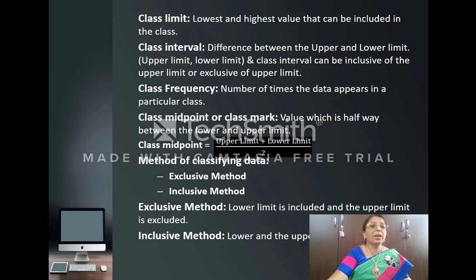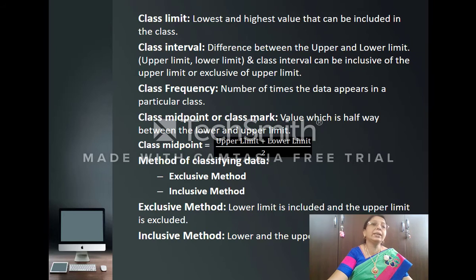Now, the method of classifying data: exclusive method and inclusive method. In the exclusive method, the lower limit is included and the upper limit is excluded. It goes into the next class. So if it is 0 to 10, 0 is there, 10 goes into the next class. Till 9 you will put over here; 10 to 20 will include 10 and 20 will not be included.